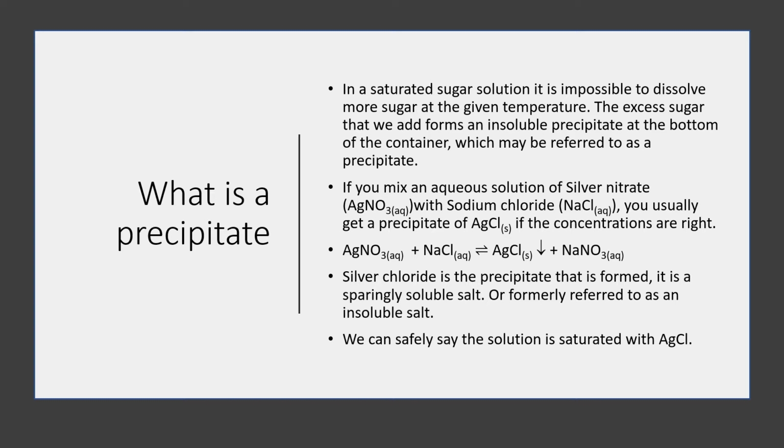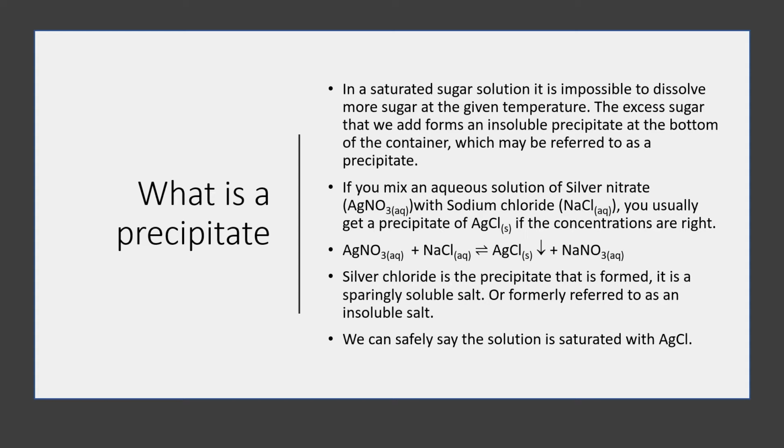Silver nitrate plus sodium chloride reversibly gives you silver chloride, an ionic compound with low solubility or a sparingly soluble salt, plus sodium nitrate. According to the solubility rules, all sodium salts are always soluble in water. All ionic compounds which contain nitrates as an anion, they are also soluble all the time. This is a rule that we had learned in grade 11.